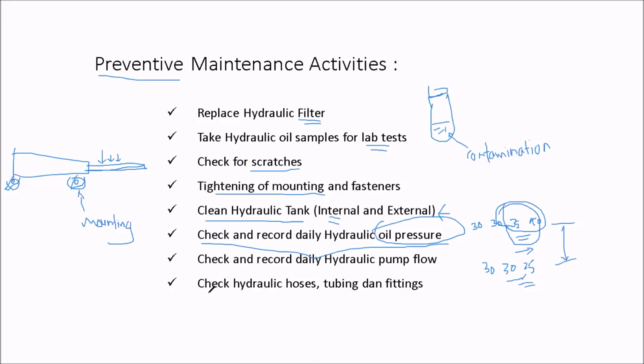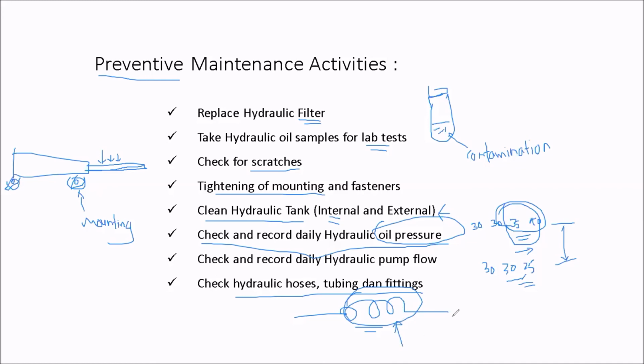Next, you have hydraulic hoses. Check hydraulic hoses, tubing and fittings. Make sure there is no leakage, and make sure you do not roll your hose like that. Why can you not roll the hose like that? This causes friction. When you roll it like that, your pressure is going to increase.